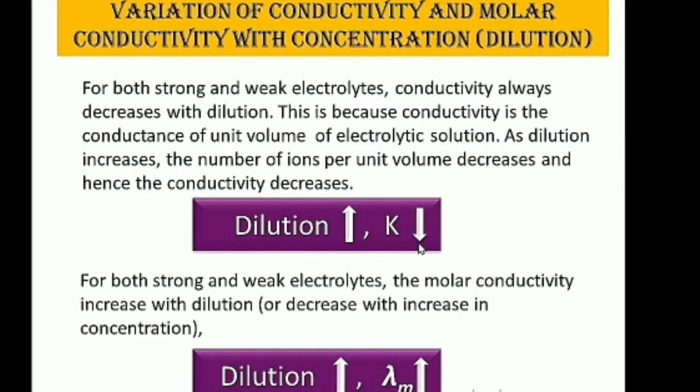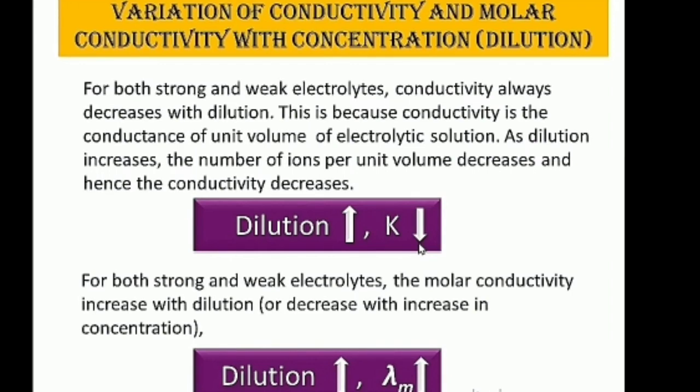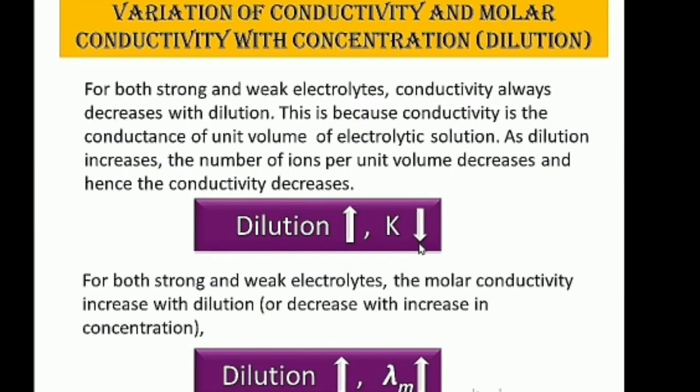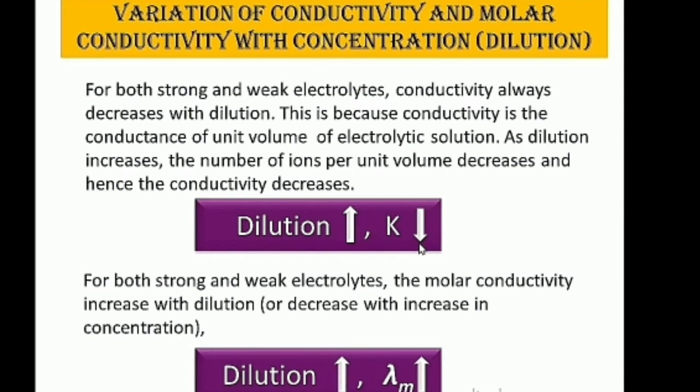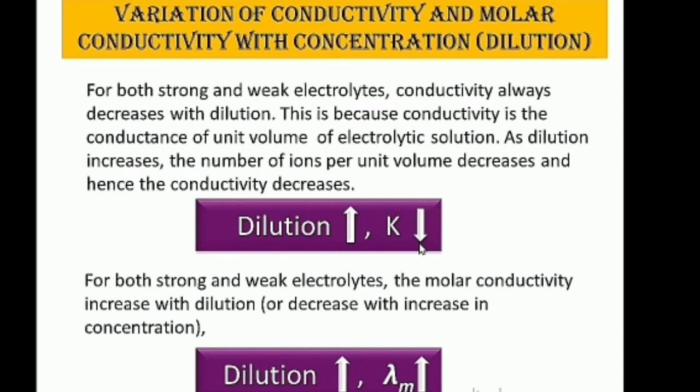Next, our portion is the variation of conductivity and molar conductivity with concentration. This is an important area. What happens to conductivity and molar conductivity on decrease in concentration or dilution? In the case of strong and weak electrolytes, the conductivity decreases on dilution.